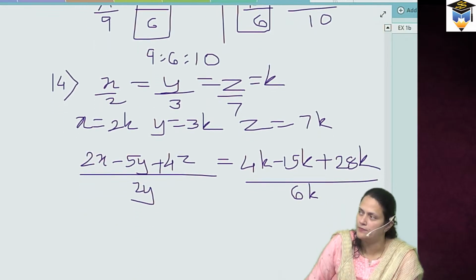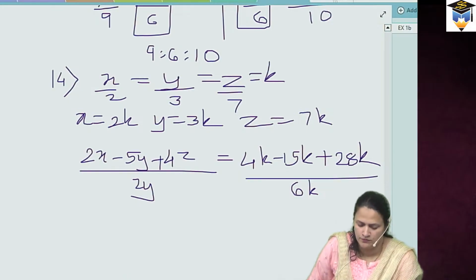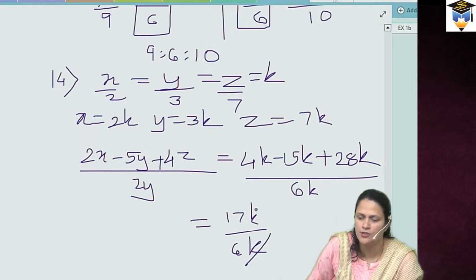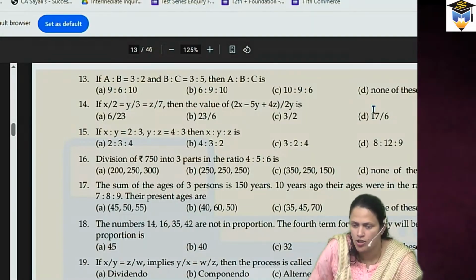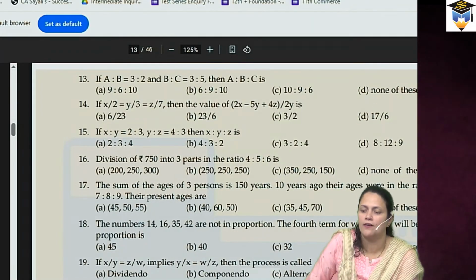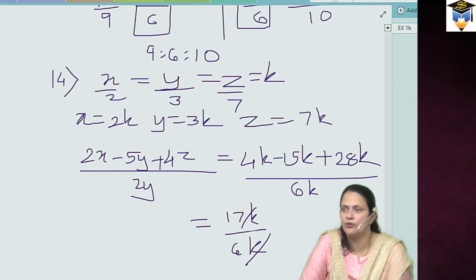Calculate and tell me. 17 is to 6. Option D for the 14th one.